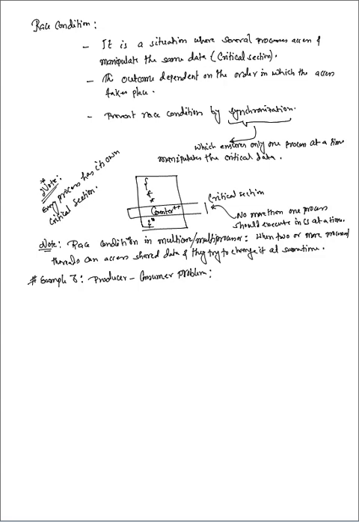So what is the task of these two processes? The task of the producer process is to produce the items or data, whereas the task of the consumer process is to consume the items.